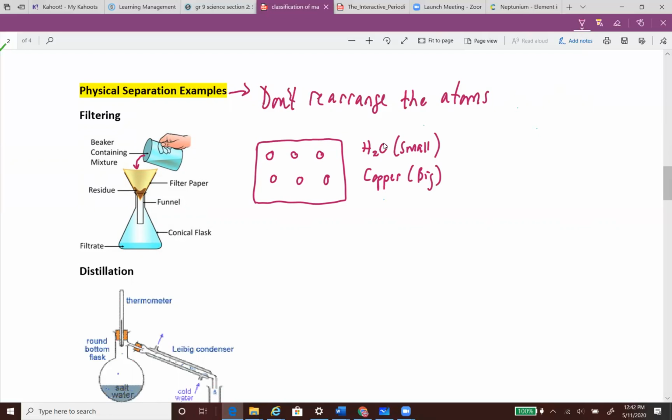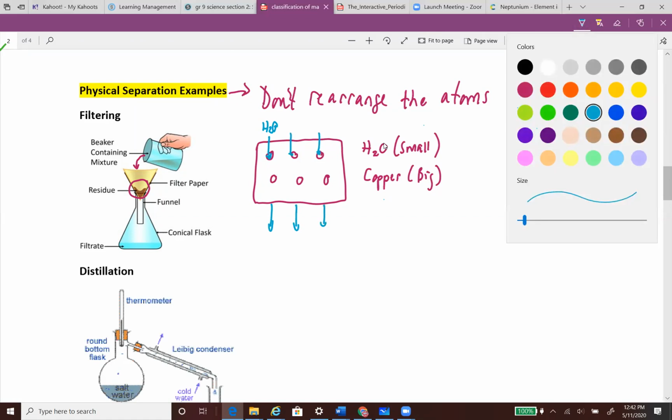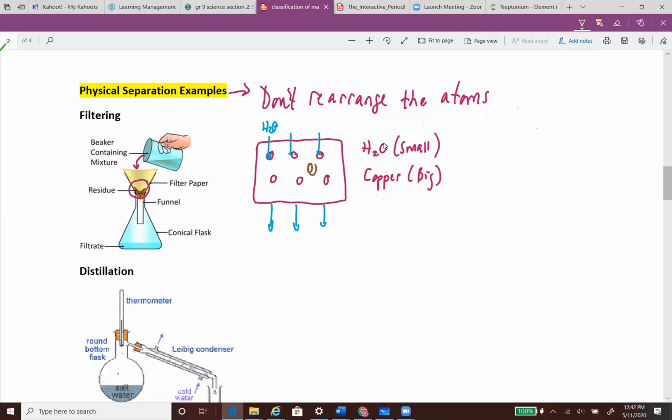When you put it through the filter paper, the copper would get stuck because it can't fit through the holes, but the water is small enough that it would just go right through the holes. But the copper is too big, so it would get stuck.